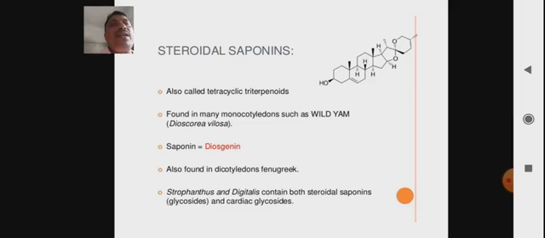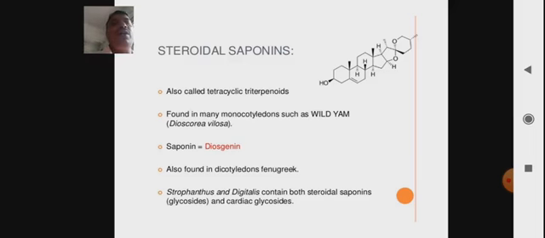Now steroidal saponins. This is the structure of diosgenin, also called tetracyclic triterpenoid. It is found in many monocotyledons such as wild yam. Yam is the synonym for Dioscorea species, here Dioscorea villosa.